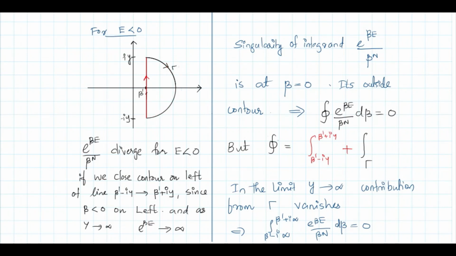So I can write the closed integral as the integral from beta prime minus iy to beta prime plus iy plus the contribution from this semicircle gamma. But we will let y tend to infinity, because we need the answer for the integral from beta prime minus i infinity to beta prime plus i infinity. When we let y tend to infinity, the contribution from this semicircle will vanish.